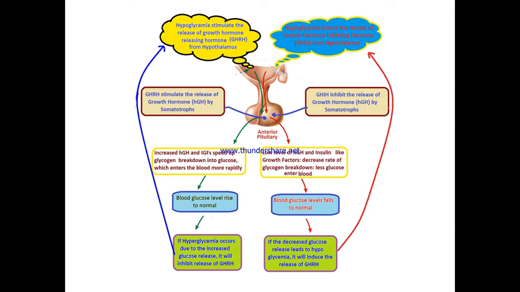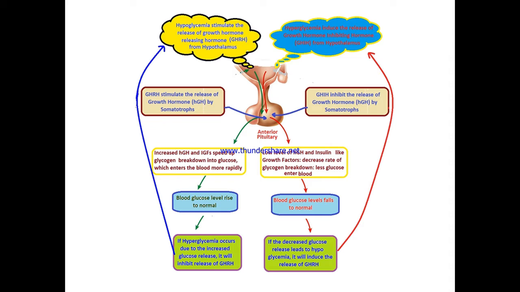Increased growth hormone and insulin-like growth factors speed up glycogen breakdown into glucose, which enters the blood more rapidly, so that more glucose is available for metabolism and energy release. This provides the fuel source for making enough ATP for the increased metabolic reactions for growth.